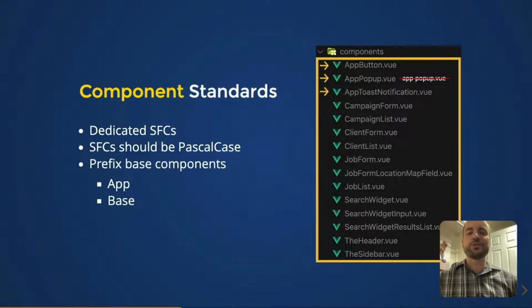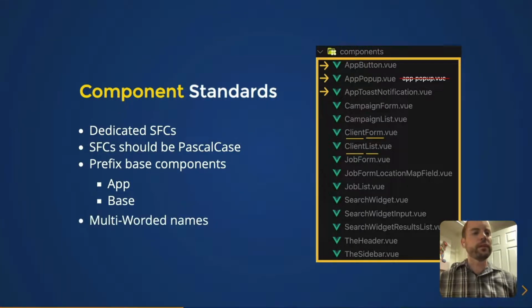Your base components should be prefixed with either App or Base, and this just kind of groups them all together in the file structure and provides that standard where other people can look at the app, look at the component and say, oh, that's kind of an app-wide reusable component. I know exactly when and where I can use that. And I actually prefer to use App all the time because it starts with an A and is typically going to group all of those and put all of those at the very top of my components directory.